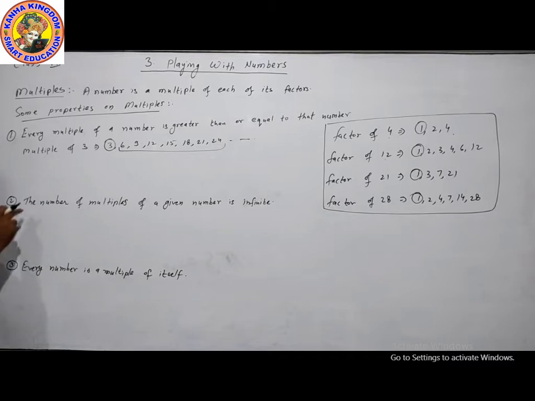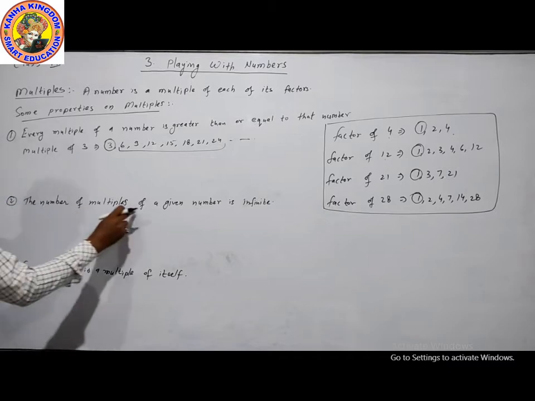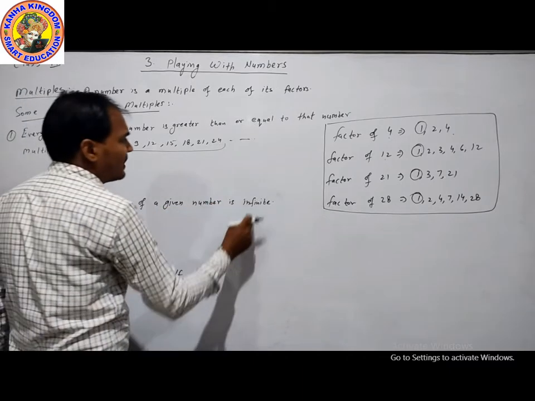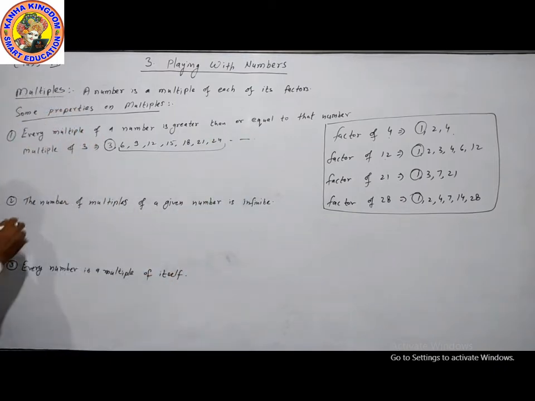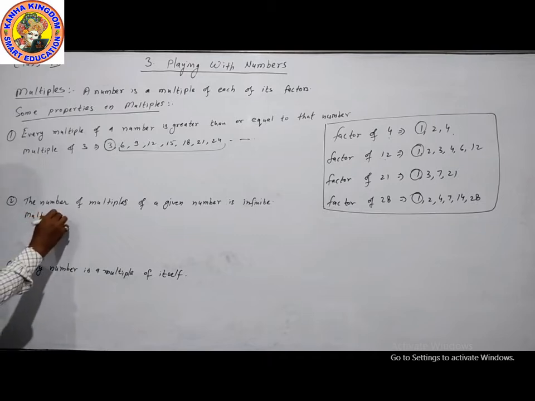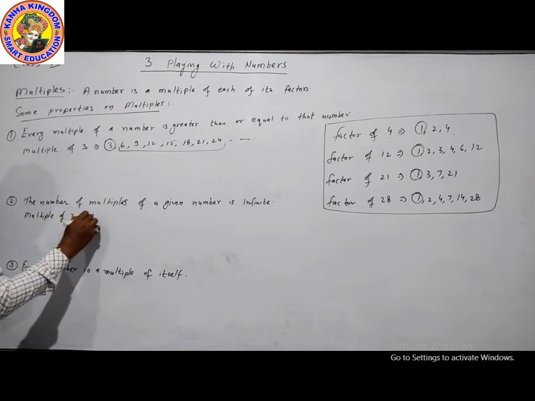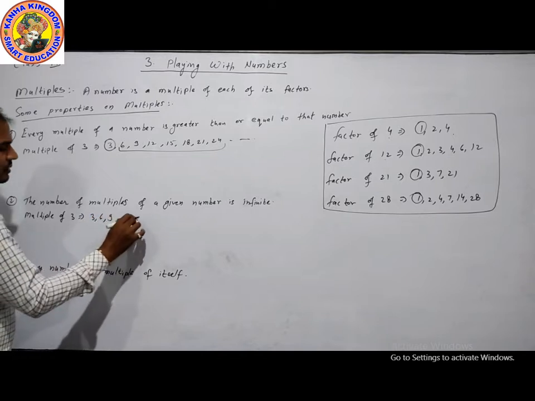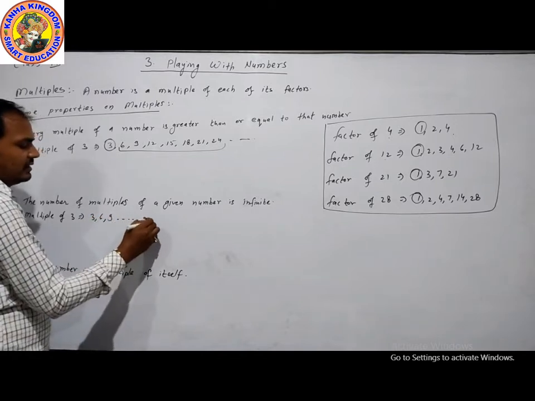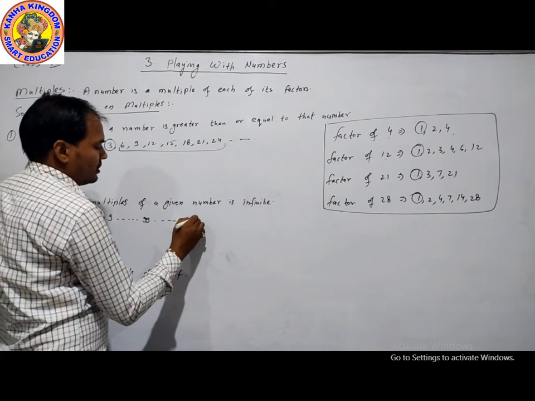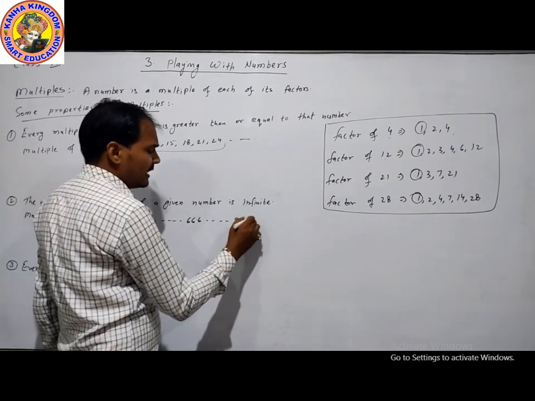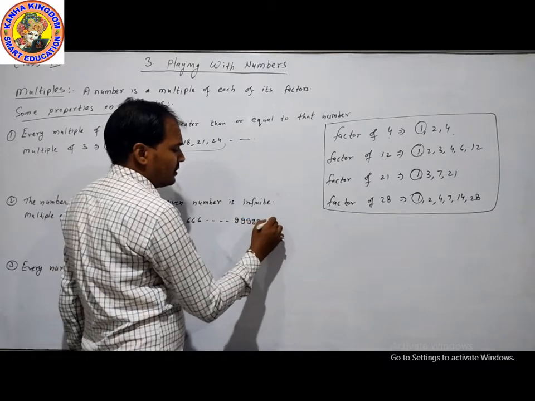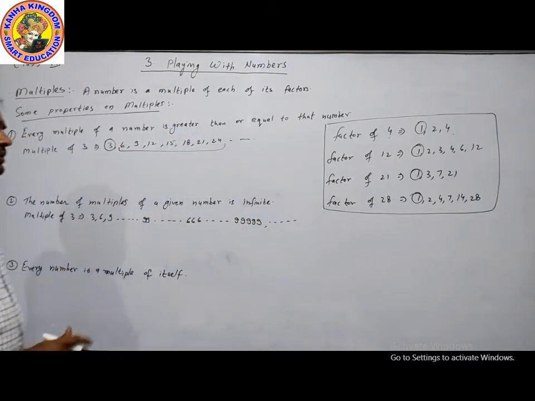Now the second one: the number of multiples of a given number is infinite. This table can be written in infinite terms. Multiples of 3: 3, 6, 9, dot dot dot, 99, dot dot dot, 666, dot dot dot, 99999, and many more.